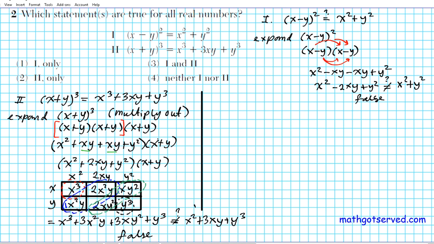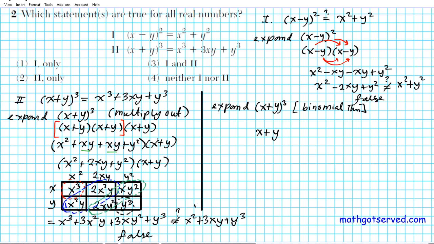So we're just going to do this multiplication again. Expand x plus y to the third. But what we're going to use this time is Pascal's triangle or the binomial theorem. So we're trying to expand x plus y to the third.